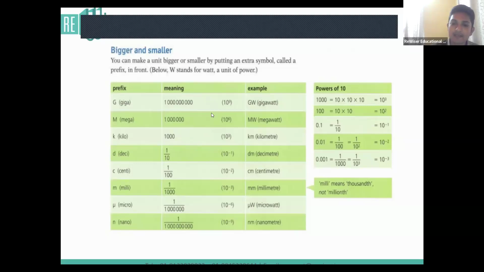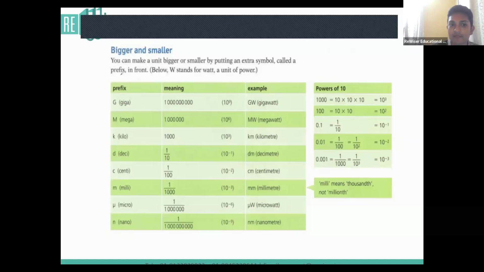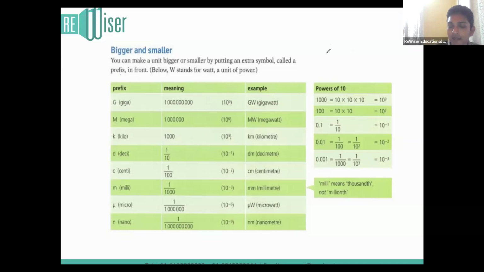Yes, so these are scientific prefixes, and all they do is help in ease of denotation of a value for a particular quantity. For example, instead of telling you that the resistance of a particular resistor is 3300 ohms, I can just tell you the resistance is 3.3 into 10 to the power of 3 ohm, in scientific notation.